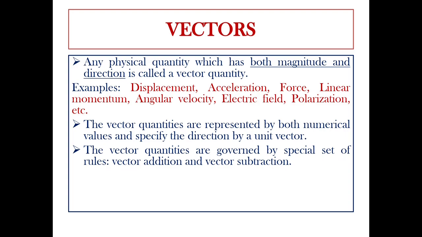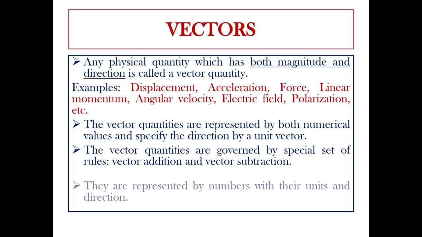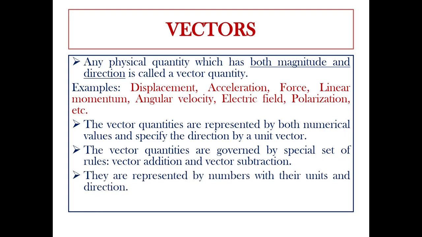Unlike scalar quantities, the vector quantities are governed by a special set of rules. For example, for addition and subtraction, we do vector addition and vector subtraction, not like our usual algebraic arithmetic.